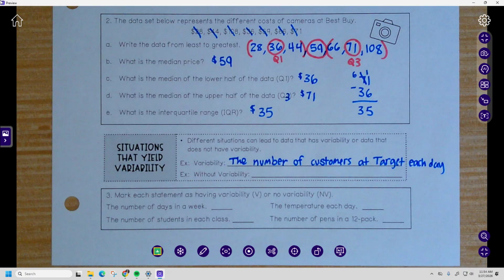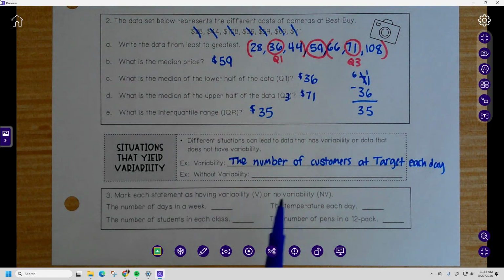Because if you were to track the number of customers at Target each day, it's not going to be the same every day. There's probably more customers on the weekend than the weekdays. It might go up and down throughout the week. You never know how many customers are going to be at Target. So that is a situation that has variability.